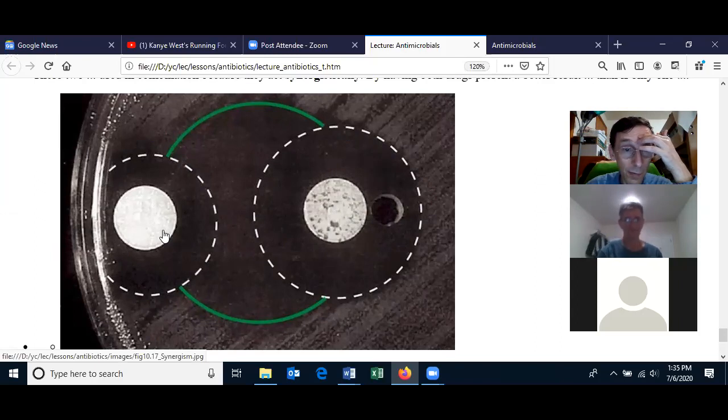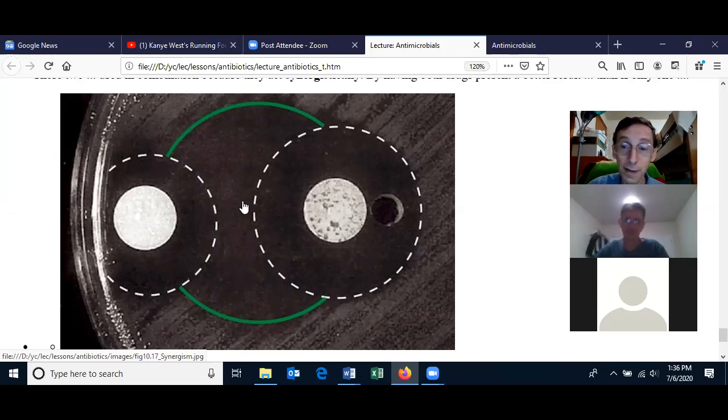And when you put both of them together on a plate, you have more than just the zone of inhibition for trimethoprim and the zone of inhibition for the sulfa drugs. You also have a zone of inhibition inside this green area, which happens because the two drugs work synergistically, meaning that in this region here, because you have both of them here, it's preventing the growth synergistically.